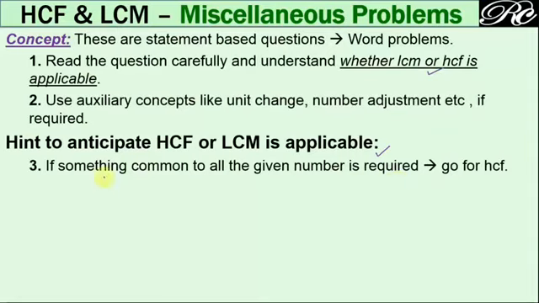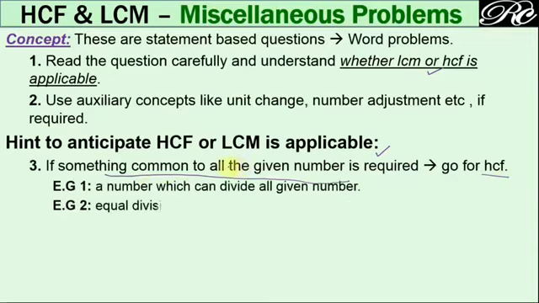If we need something common to all given numbers, then we have to go for HCF. Example, we need a number which can divide all given numbers. So the required thing is smaller than all the given quantities or given numbers.